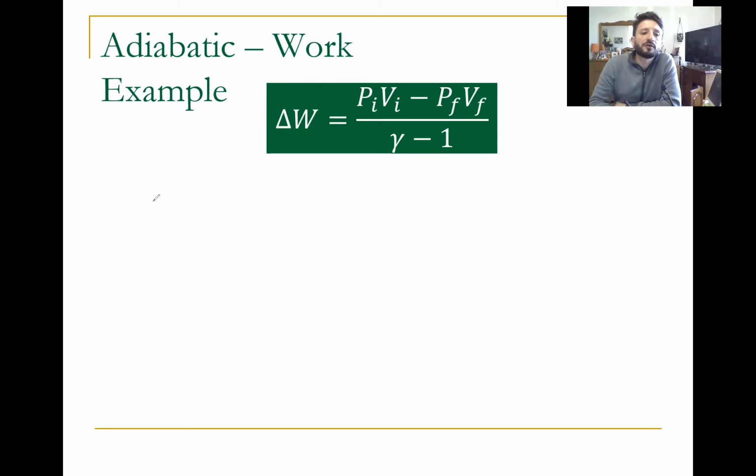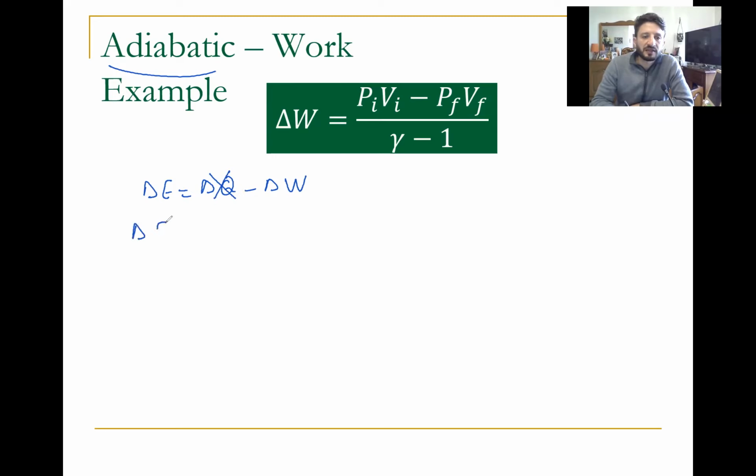First of all, you know, delta E equals delta Q minus W. Okay? In the case of adiabatic, dQ equals 0.